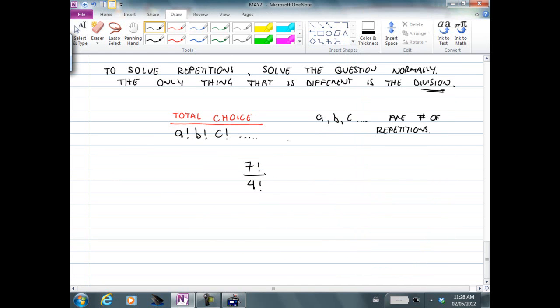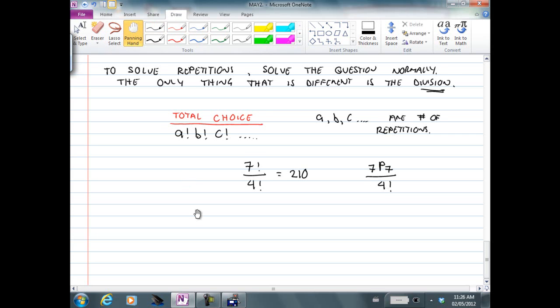Which is it? 210. See, I did this using the blank method. I can also do this using the nPr method. I can write down 7P7 over 4 factorial. They're all the exact same thing, depending which method you prefer.